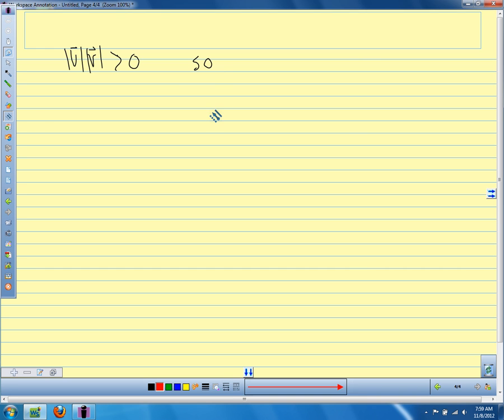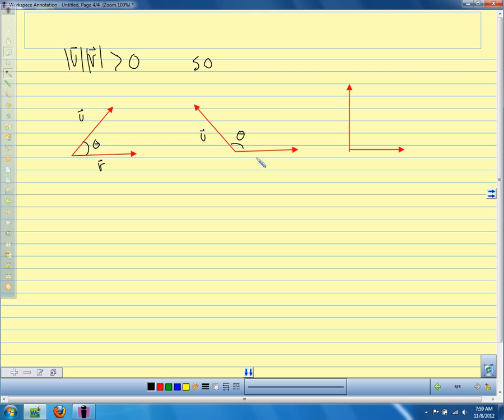So let me draw a few pictures here. If we have these different arrangements of our vectors, if the angle is acute, u dot v is greater than 0.